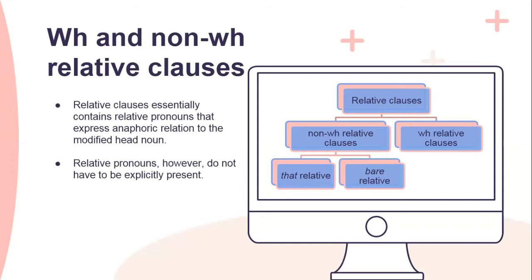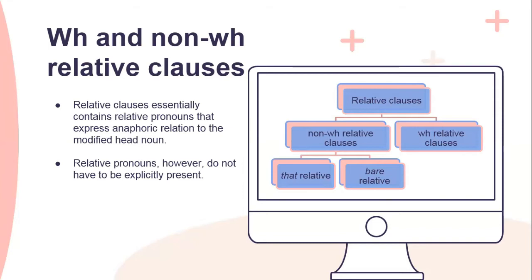And then we have the WH and non-WH relative clauses. Relative clauses essentially contain relative pronouns that express an anaphoric relation to the modified head noun. However, relative pronouns do not have to be explicitly present. In other words, relative pronouns are not obligatory in the relative clause.